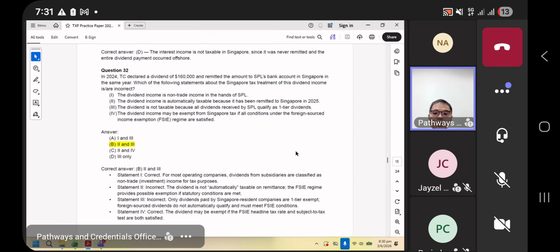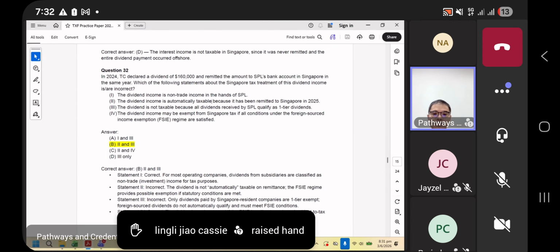You need to analyze whether it falls under the FSIE scheme or not. The dividends is not taxable because all dividends received by SPL qualify as one-tier dividends. Again, this is not true, because only dividends paid out by Singapore residents would qualify for one-tier exemption. Foreign source dividends are not really one-tier dividends.